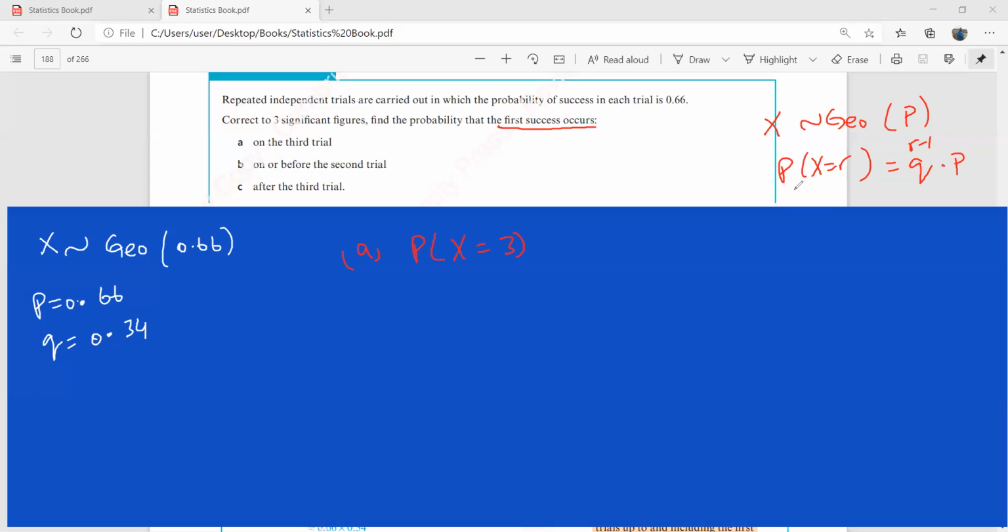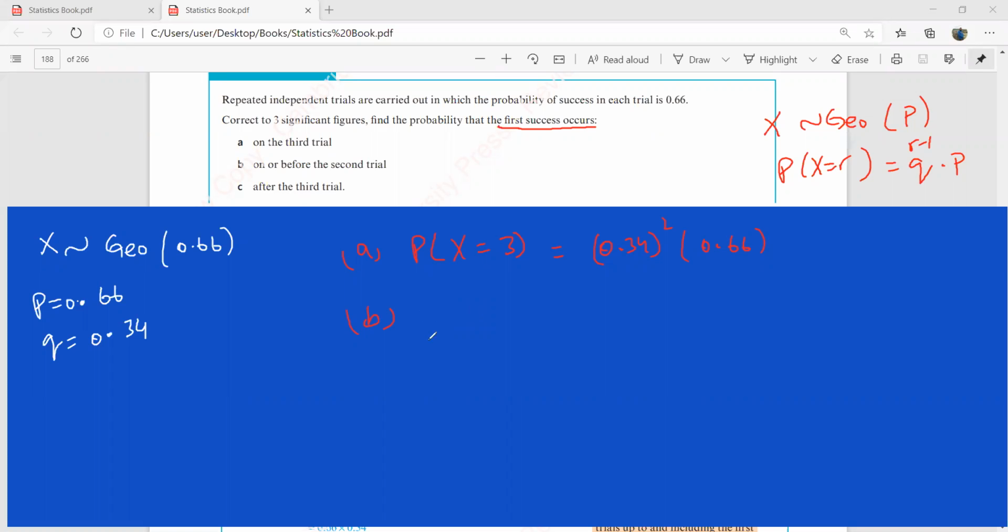It is going to happen on the third try, so this is going to be 0.34 squared times 0.66. If it's clear, can I go on to the B part? Yes, sir.